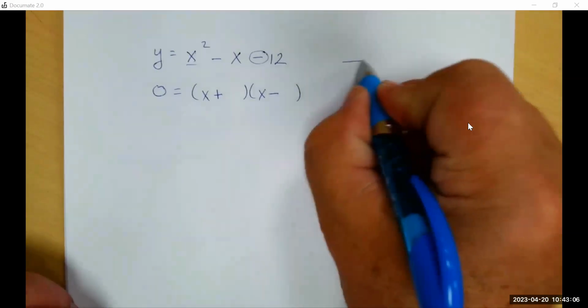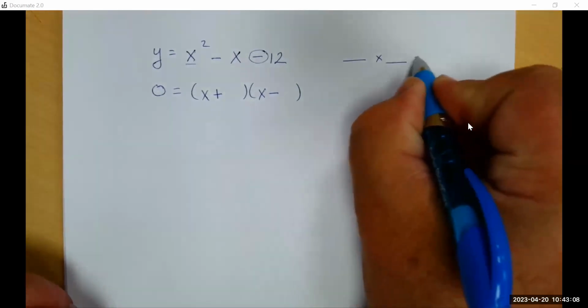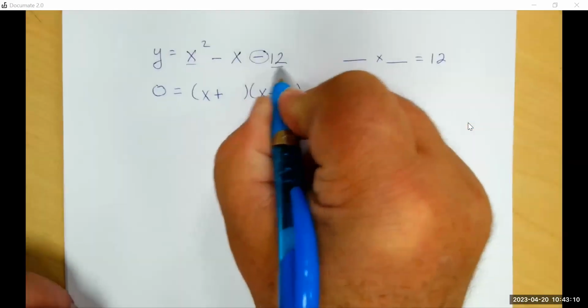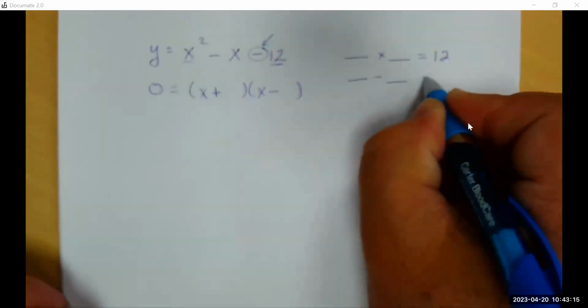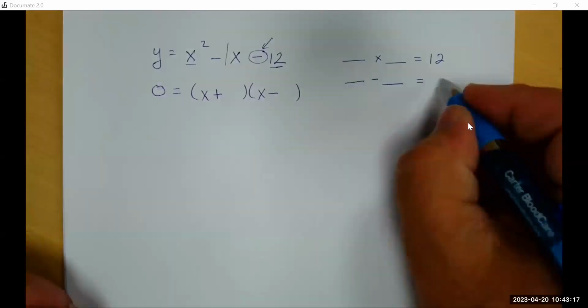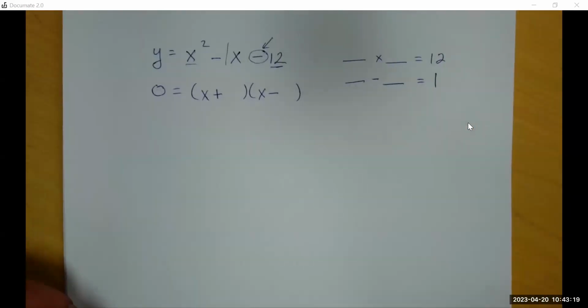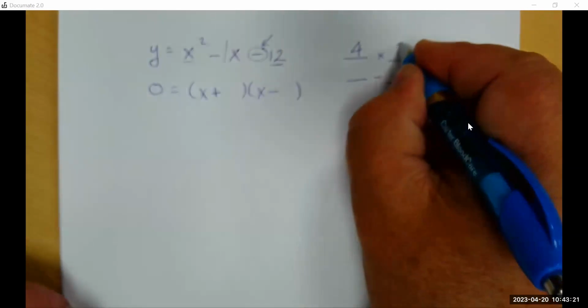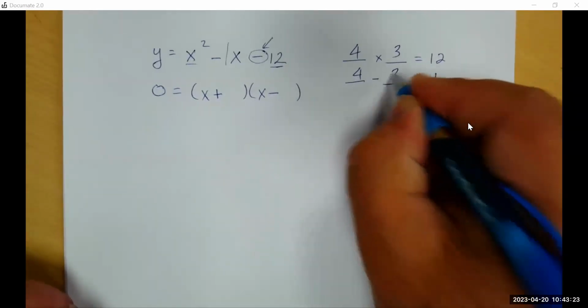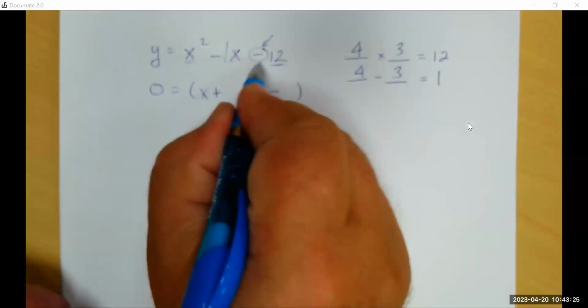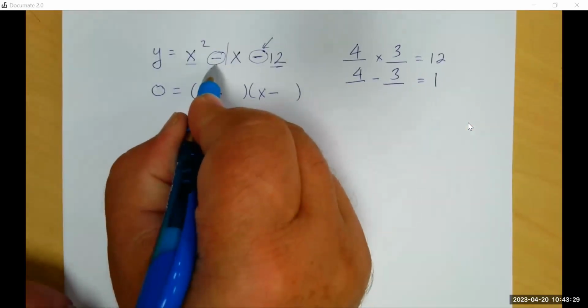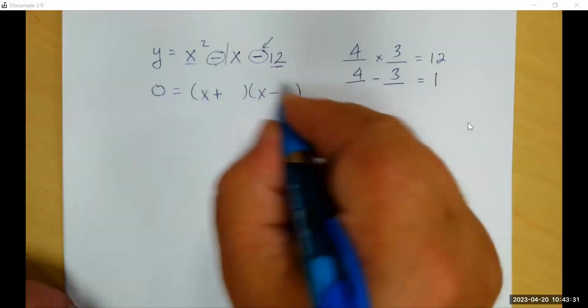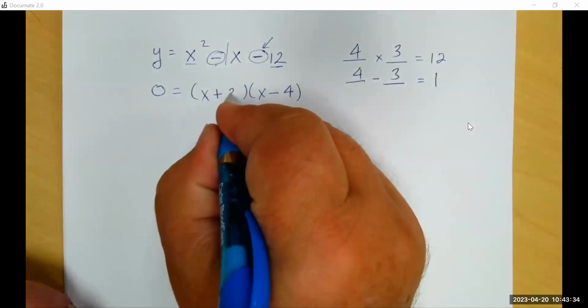So we gotta figure out what times what equals 12 that when we subtract them, we get 1. Now 4 times 3, 4 minus 3. And since the first sign tells us the bigger number gets that sign, 4 is bigger, so 4 goes here, 3 goes there.